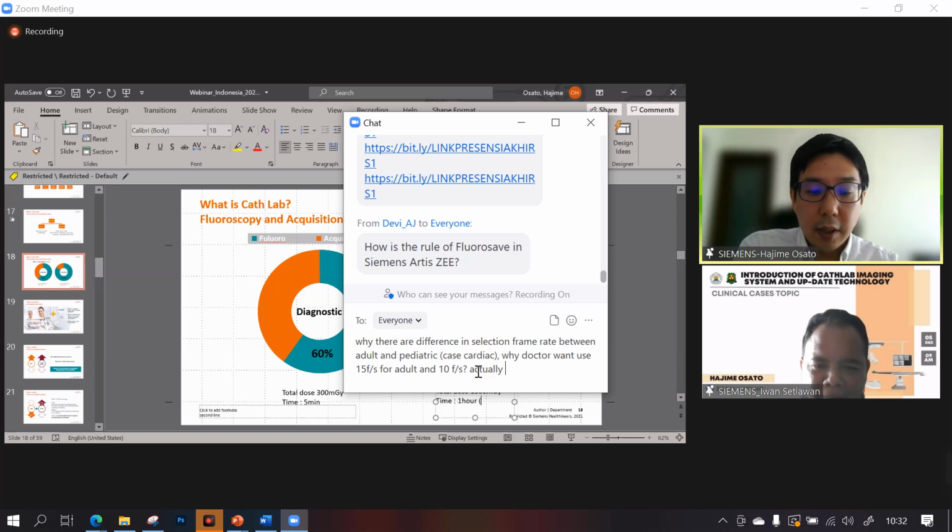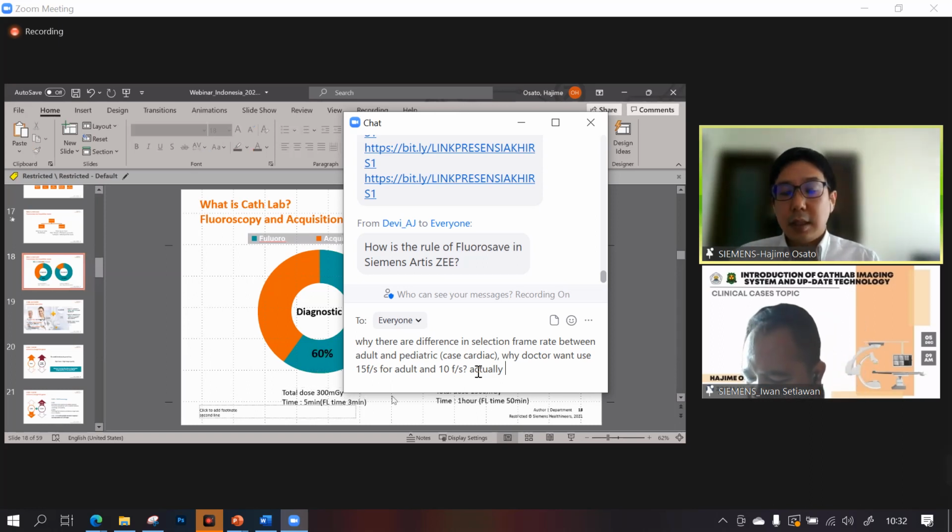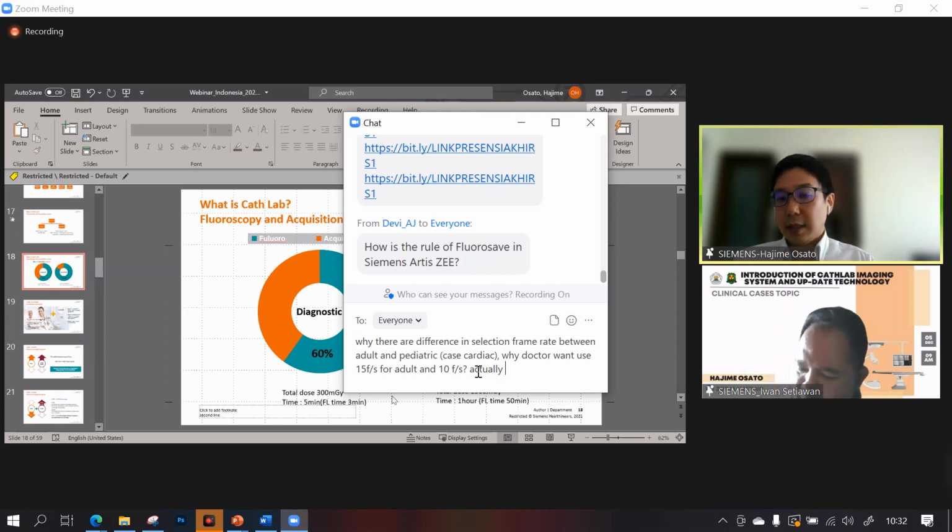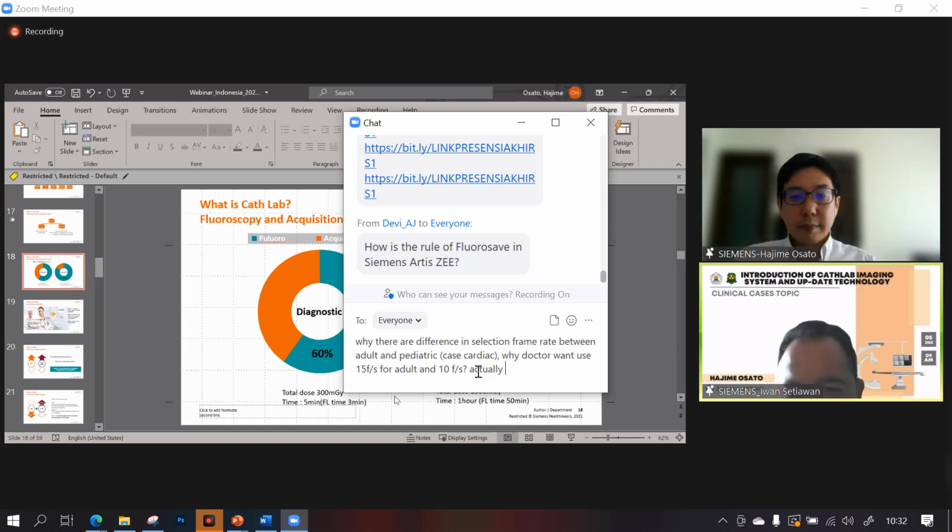For example, fluoro time is around 15 minutes, something. But for example, FL time is around 3 minutes. So this is totally different, something like this. So the difference is based on the procedure time duration.